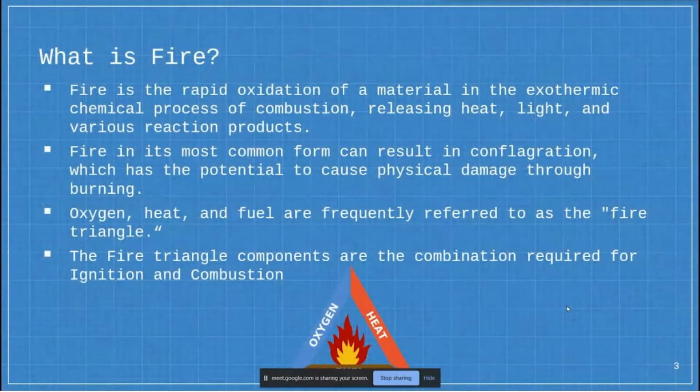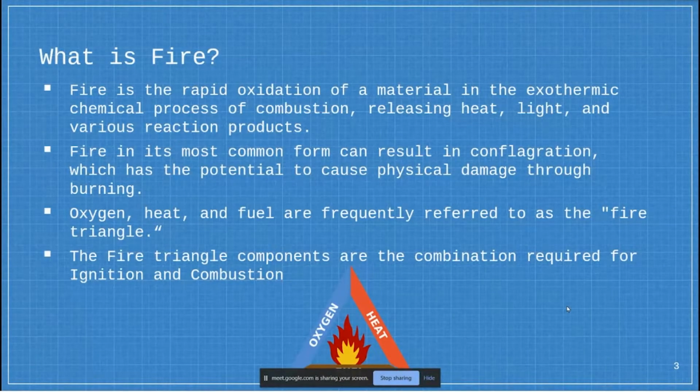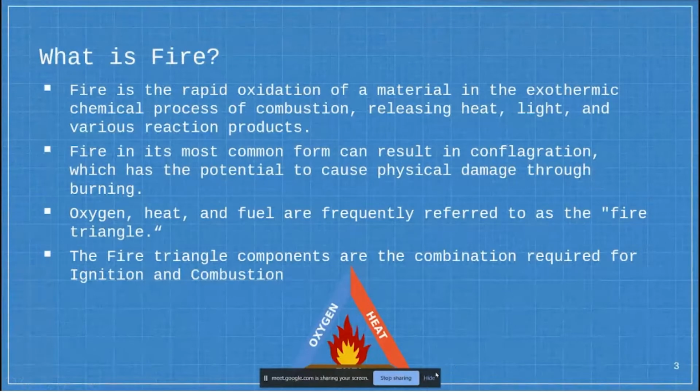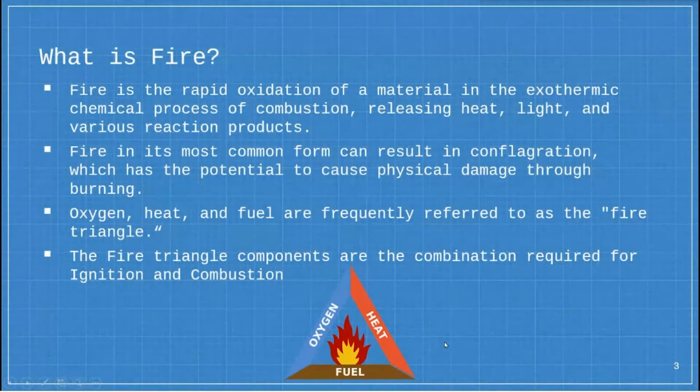What is fire? Fire is a rapid oxidation of material in the exothermic chemical process of combustion, releasing heat, light, and various reaction products. Essentially, we have already learned this from our chemistry class that a chemical reaction surrounding combustion is typically any fuel or hydrocarbons, may it be methane, propane, ethane, butane, any hydrocarbon, which usually reacts with oxygen.